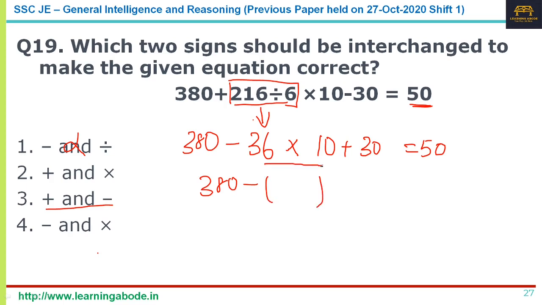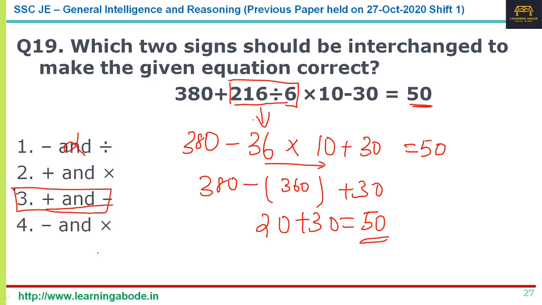So 36 into 10 is 360, plus 30. So 380 minus 360 is 20, and 20 plus 30 is 50. So the answer is correct. I'm going by trial and error only, but first I decided that I'm not going to interchange the division because I will not get an integer outcome. So the answer is option 3: plus and minus you will interchange to get 50.